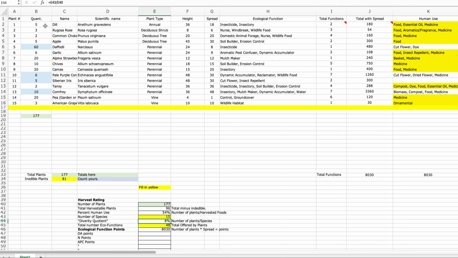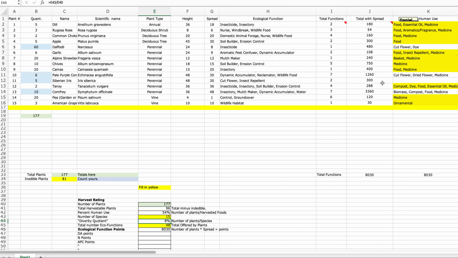So in this case, we have 5 dill plants here with the spread of 18 inches. It has 2 functions, and then multiplying that out gives you basically 180 points. And the comfrey is the same way. It actually has 7 functions times the spread of 48 times 10 plants. So that's why comfrey has about 3,300 points.